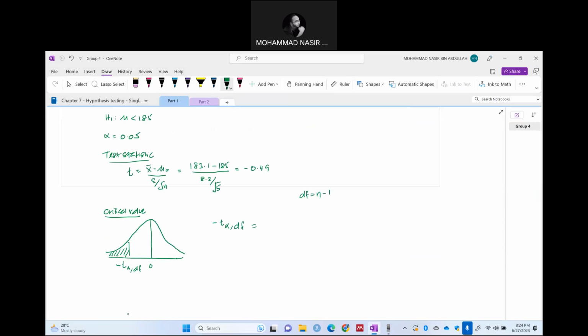Right. So negative T 0.05, 5 minus 1 equal to 4. So degree of freedom is equal to 4. Right. So negative T alpha 0.05, and degree of freedom equal to 4. So now we look at the statistical table.